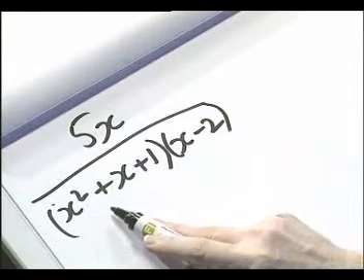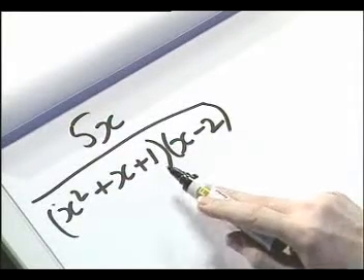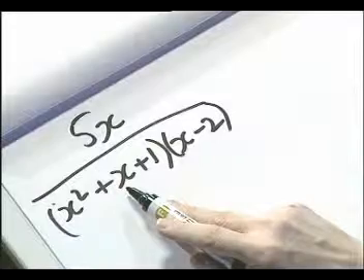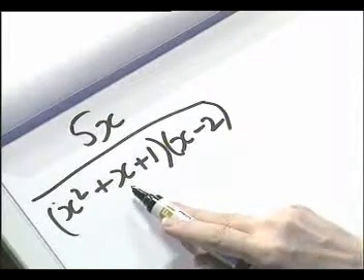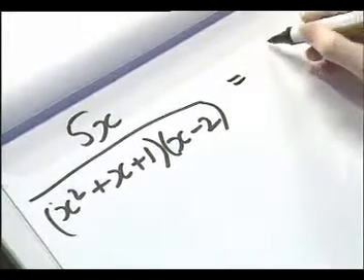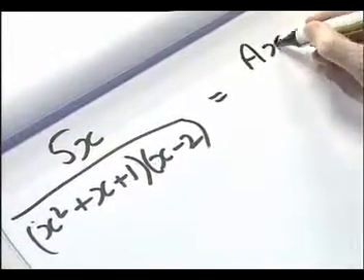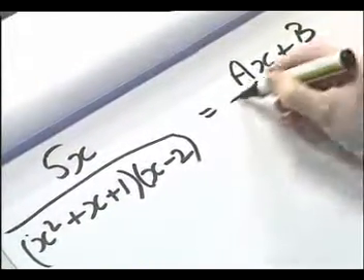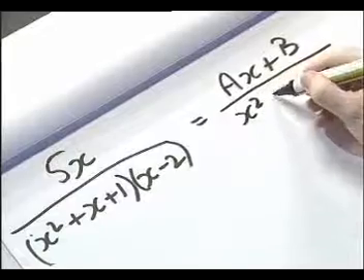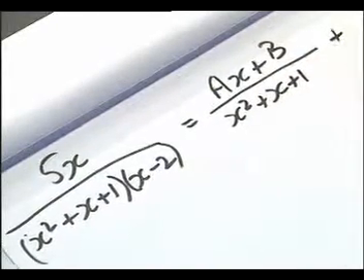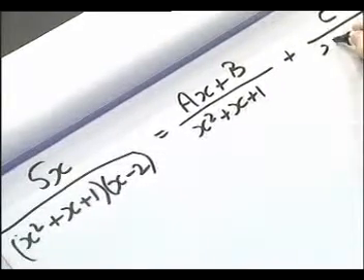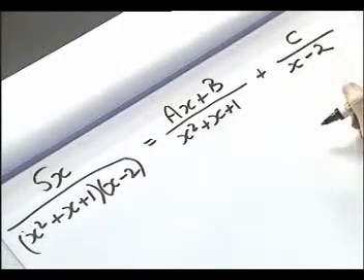When the denominator is x squared plus x plus 1, we have to consider the possibility that the numerator can contain a term in x, because the numerator would still be of lower degree than the denominator, and this would still therefore be a proper fraction. So we write ax plus b over x squared plus x plus 1, plus c over x minus 2.